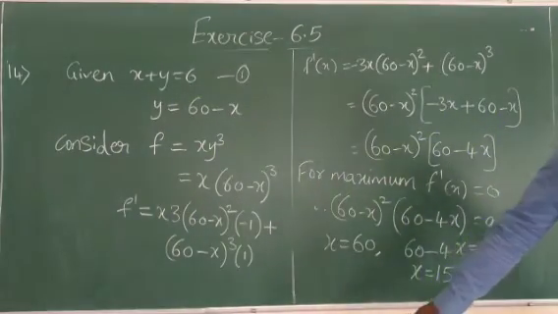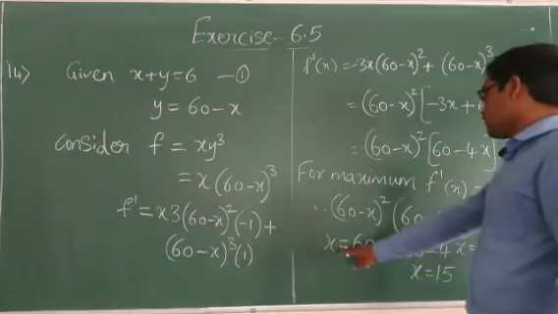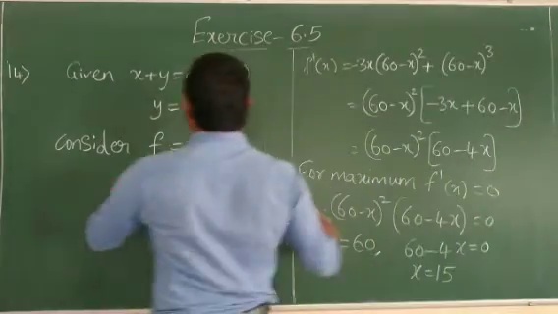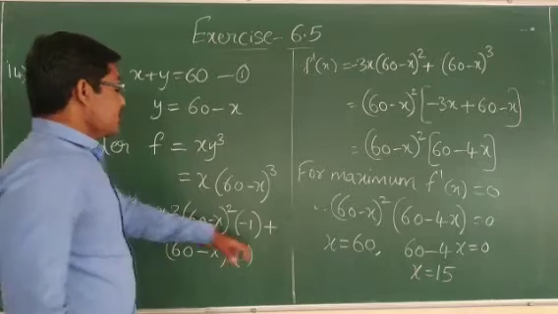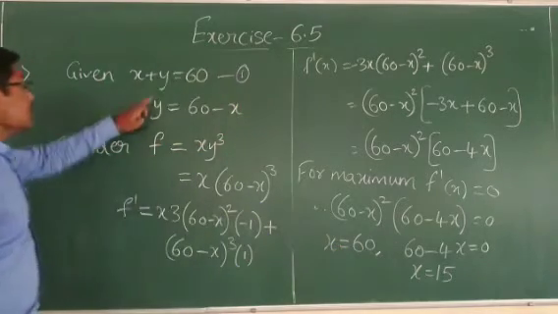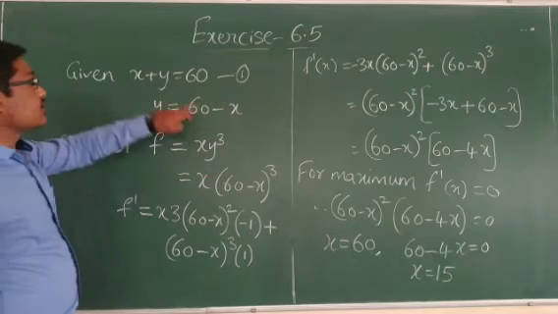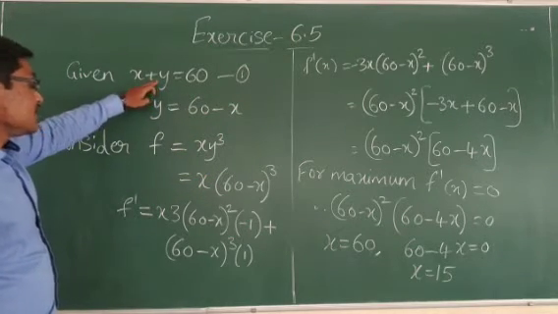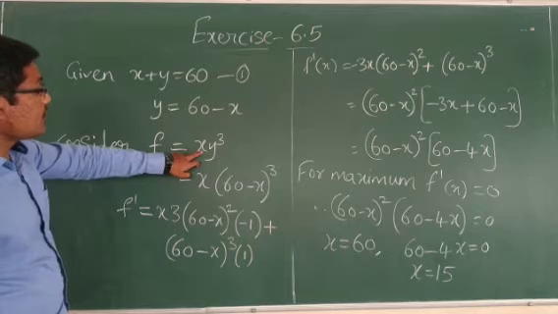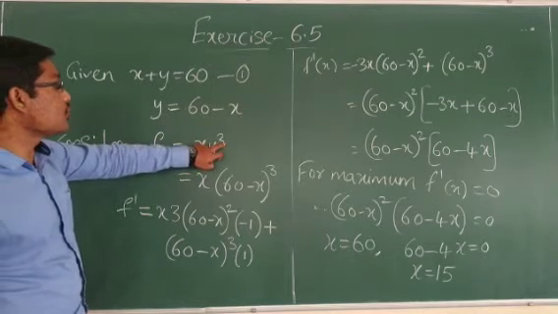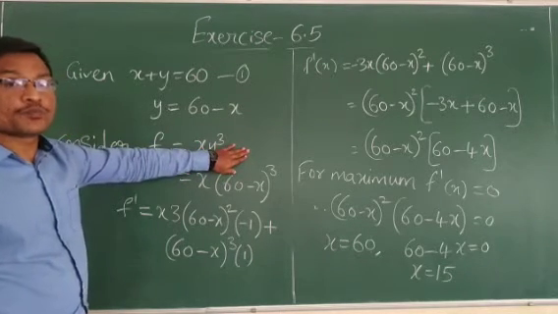But if you take x equal to 60, then y will be equal to 0. That means here you get 60 into 0 cube. This will become 0.